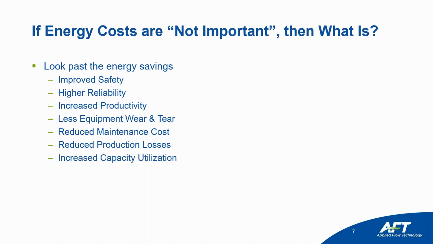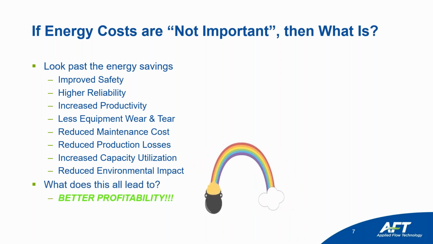in the system. You can use flow analysis software to help you get much better capacity utilization in the plant, and reduce the environmental impact, so that can help eliminate environmental fees if anything has been violated. And what does this all lead to? Better profitability.